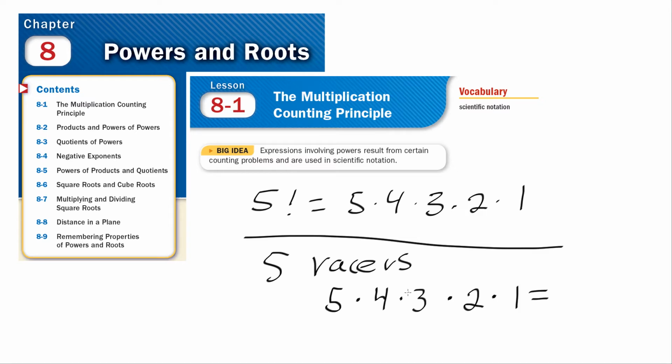Okay, 120. 120 different ways the race could be finished. Okay, let's take a look into the lesson.